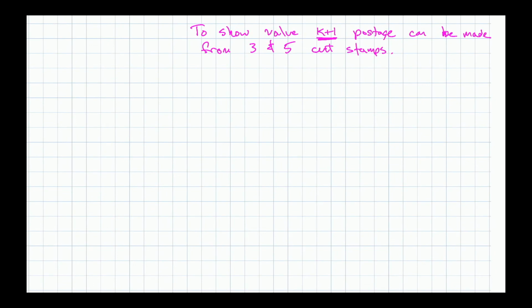Well, the small stamp is 3, right? So what you do is you say, since k plus 1 minus 3, right, so k plus 1 minus 3, and so this is your small stamp value right here, whatever that is. Got to know it. So small stamp value, what do you get when you do this?